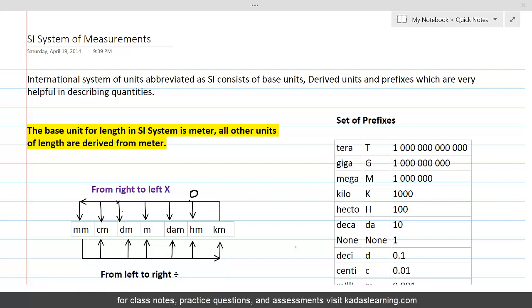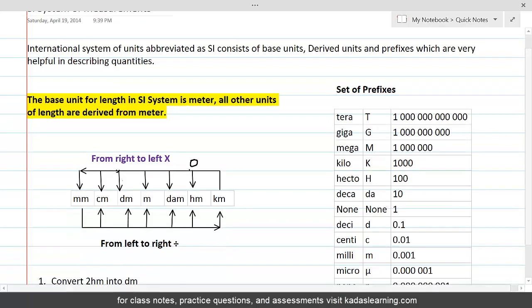Similarly, we can define decameter, hectometer, and kilometer as multiples of 10 in terms of meters. So 10 meters equal 1 decameter, 10 decameters equal 1 hectometer, and 10 hectometers equal 1 kilometer.